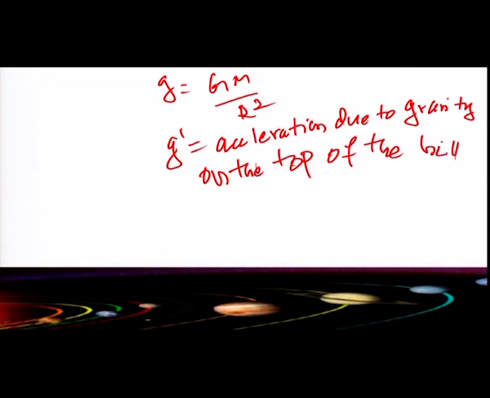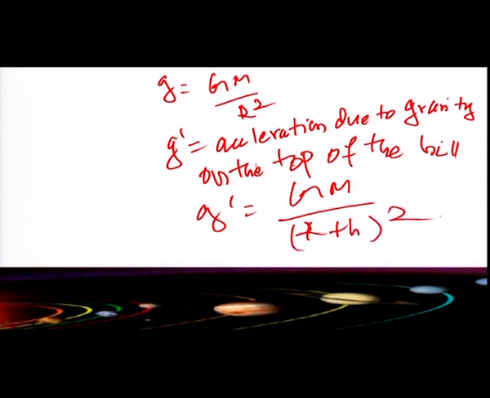On the top of the hill, g dash is equal to GM by r plus h the whole square. So, therefore, we will calculate g by g dash. So, g by g dash is equal to r plus h by r the whole square.